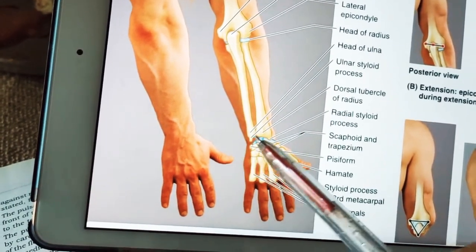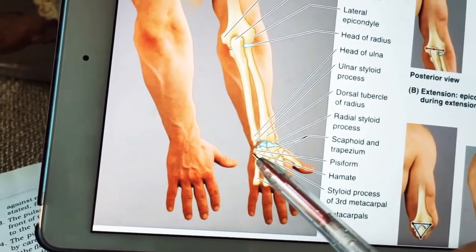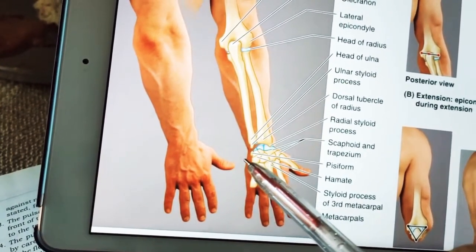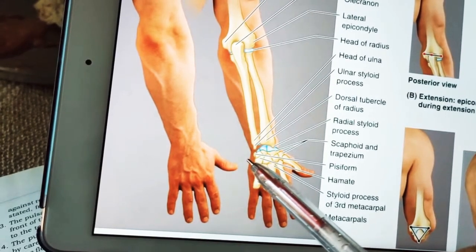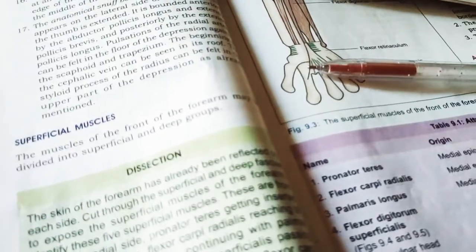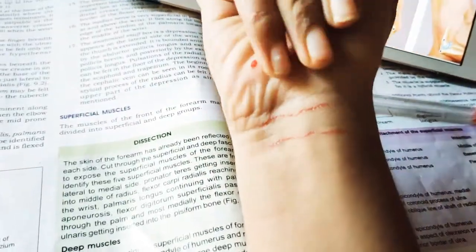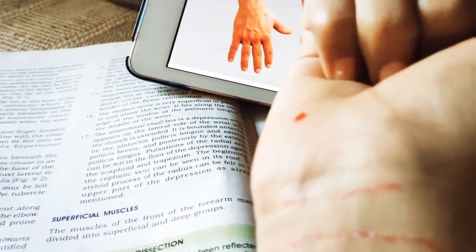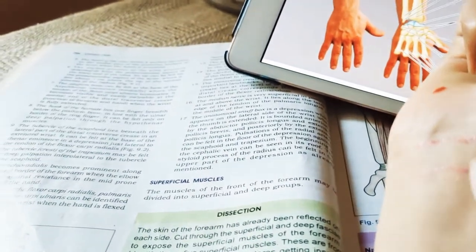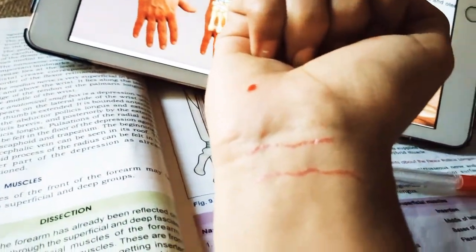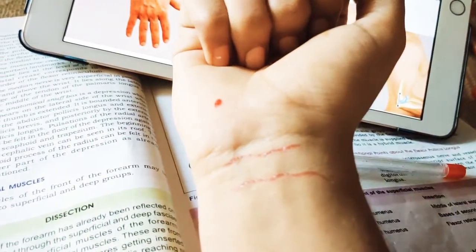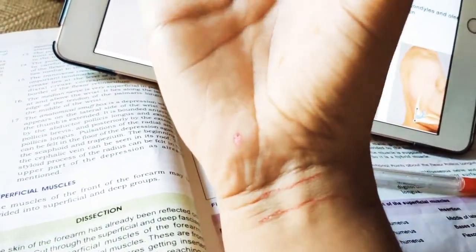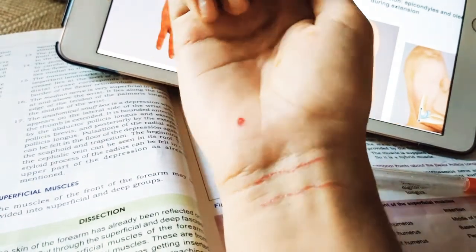So remember, at the distal transverse crease, mainly you can palpate this pisiform bone when the wrist is fully extended. So if you see the first line over here, that is the distal transverse crease, and the second line which you see here, the second line is the proximal transverse crease. Okay, the upper one is the distal transverse crease. If you extend your arm, you can see those lines.